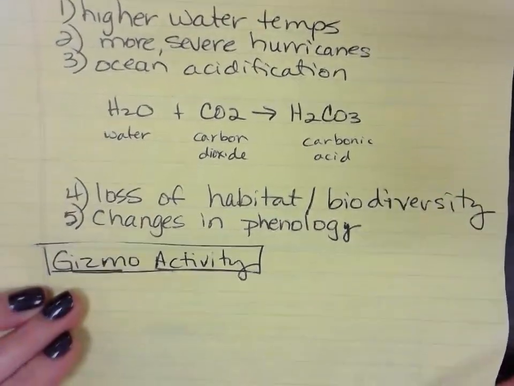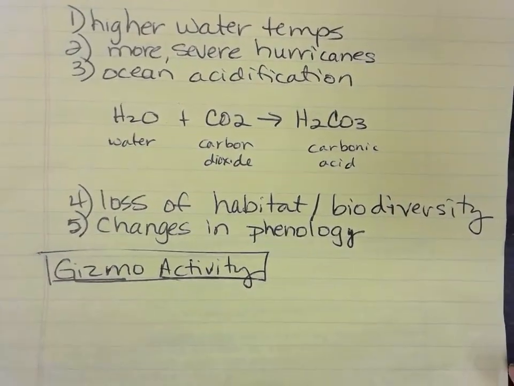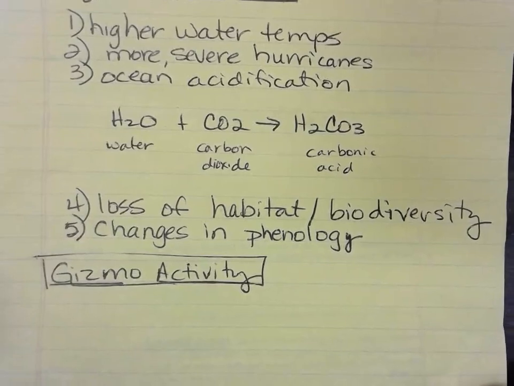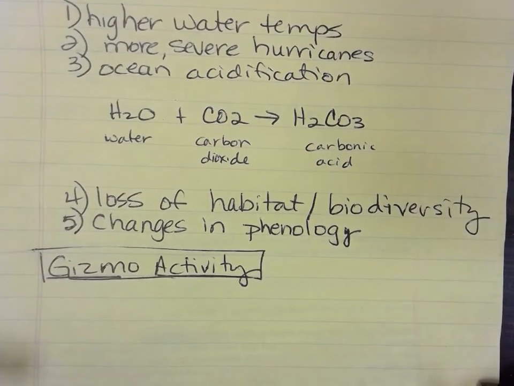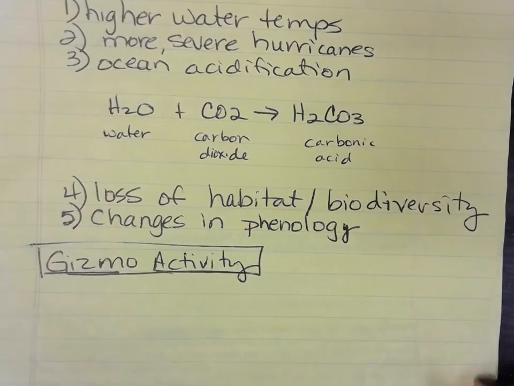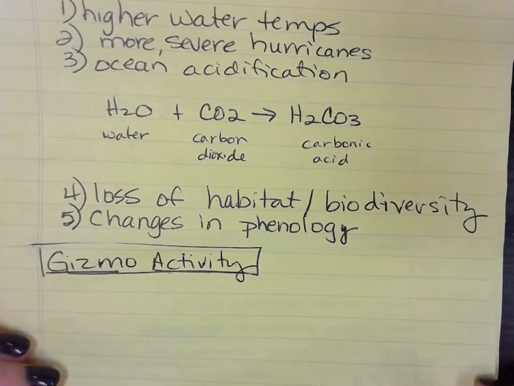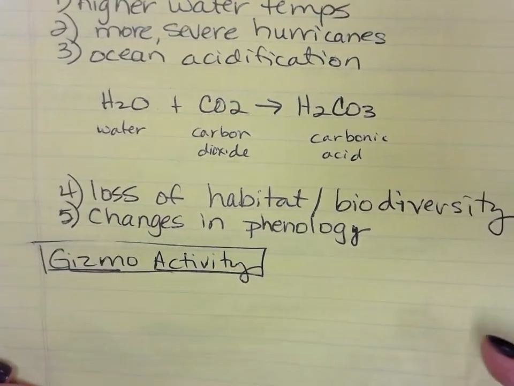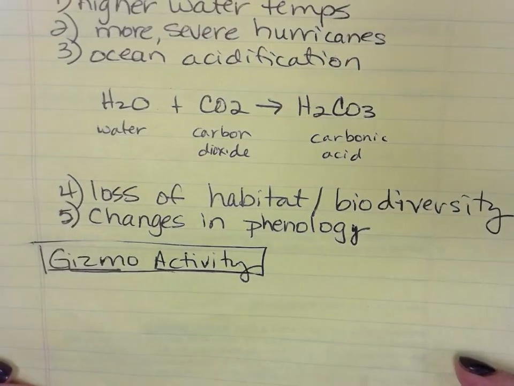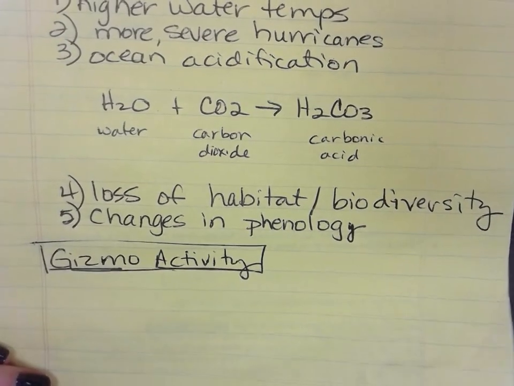We then did our gizmo activity, and that was simulating the effects of global climate change on a coral reef. So you increased temperature, which would increase storm severity. With the increased temperature, there's of course the carbon dioxide blanket, that carbon dioxide being absorbed by the ocean and thus lowering the pH of the ocean waters, making it more acidic.